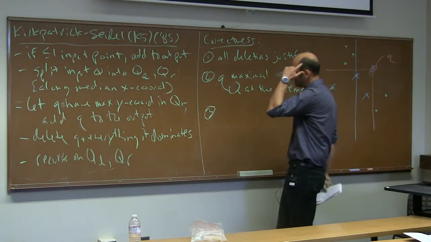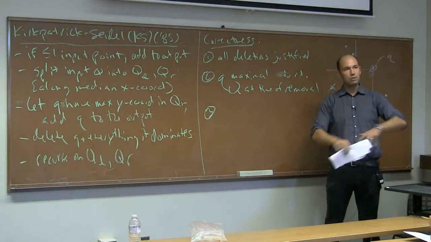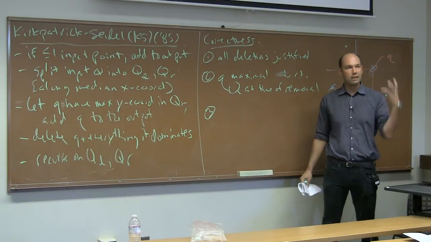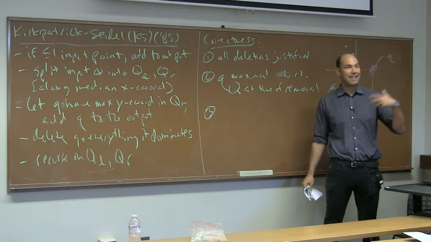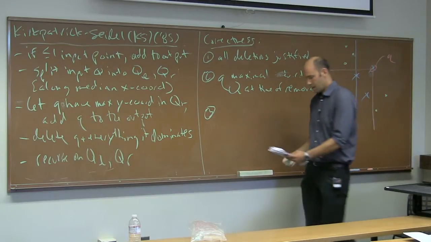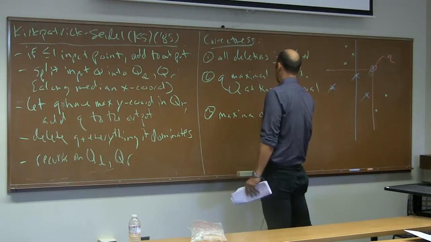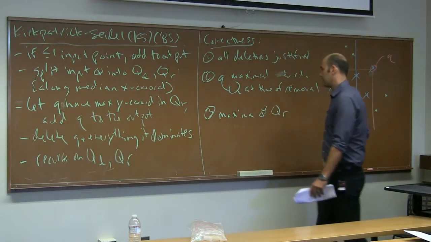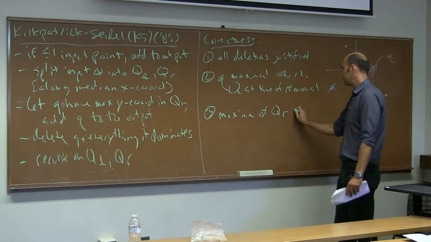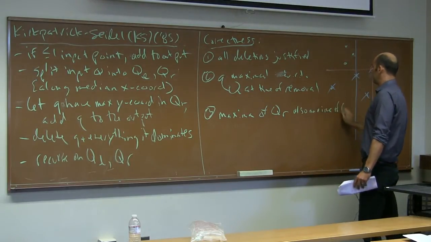Well, the claim is that this algorithm has the property that it will never, through deletions or through recursion, turn a point which is not maximal into one that is. So that never happens, and then we'll be done. So why is that? First, let's look at the right side. The claim is that maxima of the right-hand side are also maxima of QL.